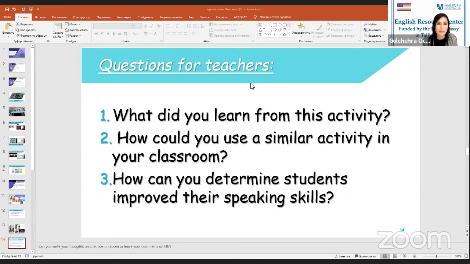Yes. Okay. So try to use them with your students, maybe. It's very good if you use critical thinking with photos in your classrooms.